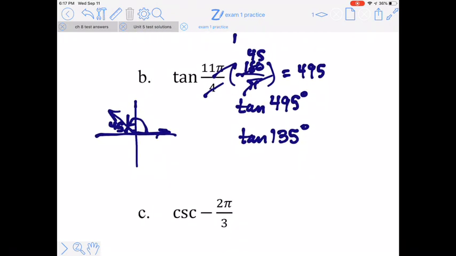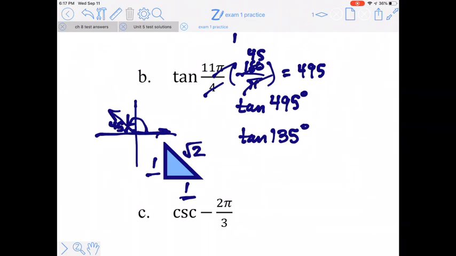So we have a 45 degree reference angle. Then you'd want to do the 45, 45, 90 triangle, which is 1, 1, root 2. And then tangent is opposite over... sorry, don't listen to me. Opposite over adjacent.